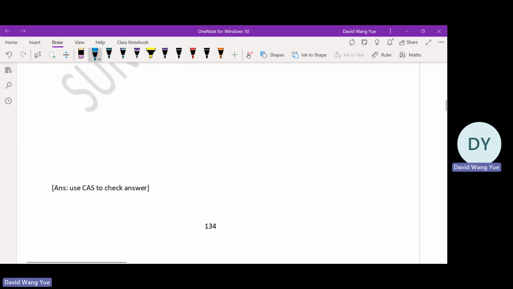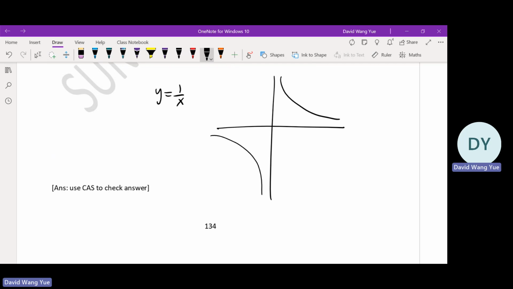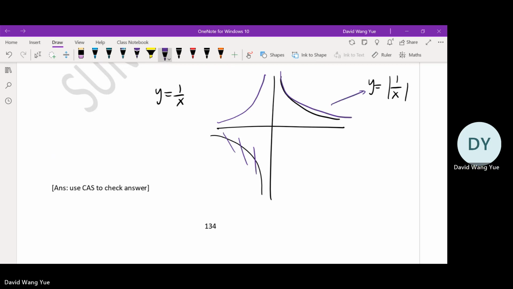Okay, part B, y equals 1 over x. No x or y intercept. So y equals absolute value of 1 over x: the part below goes above. The interesting thing about this one is for f of absolute value of x, that means y equals 1 over absolute value of x.